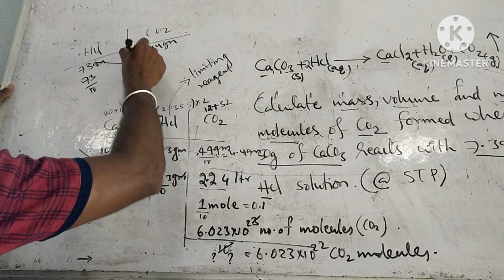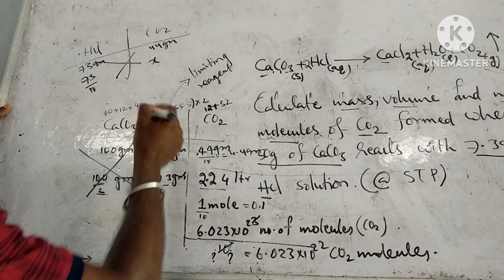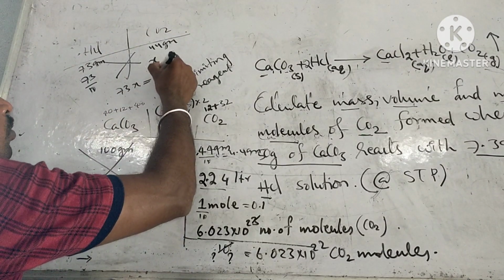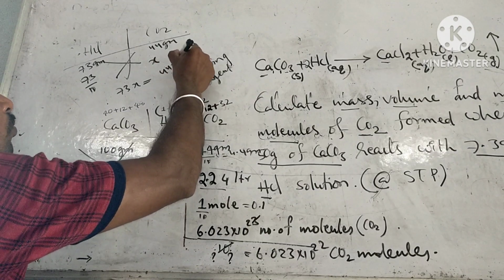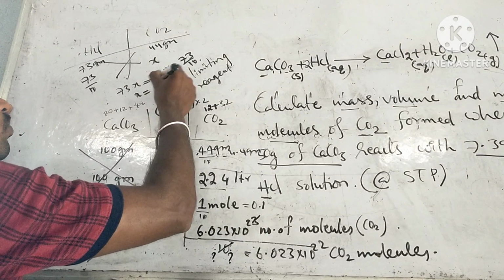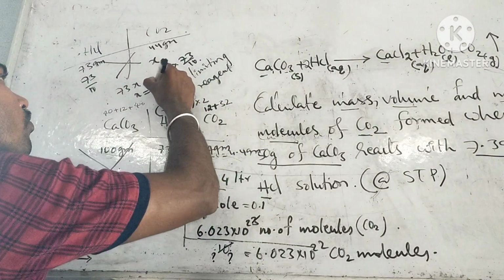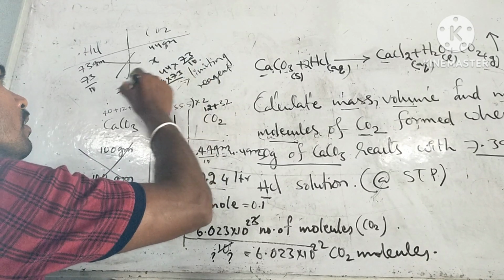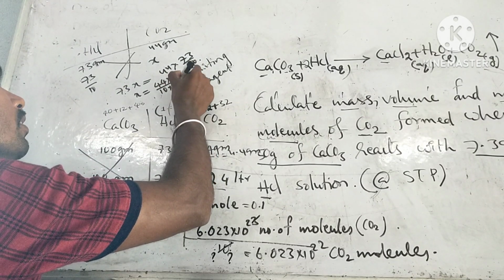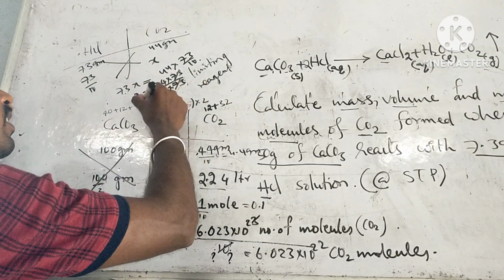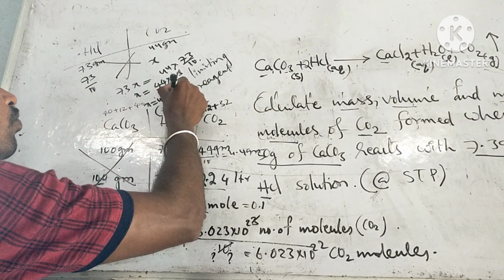Let it be X. Do the cross multiplication. So X equals 44 into 73 by 10, divided by 73. So 73 cancelled. So 44 by 10 equals 4.4 grams.